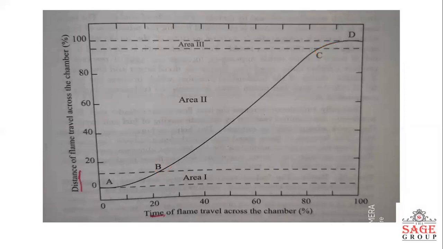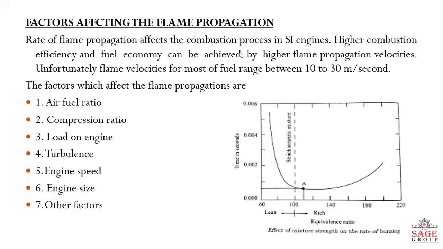Now we can see the factors that are affecting our flame propagation. The study of factors which affect the velocity of flame propagation is important, since the flame velocity influences the rate of pressurizing the cylinder, and it is related to certain types of abnormal combustion that may occur in case of an SI engine.